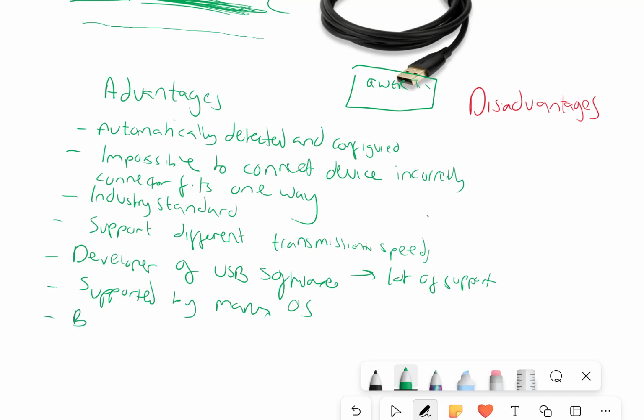Another advantage is called backwards compatibility. What do we mean by that? Well, USBs have progressed over time.